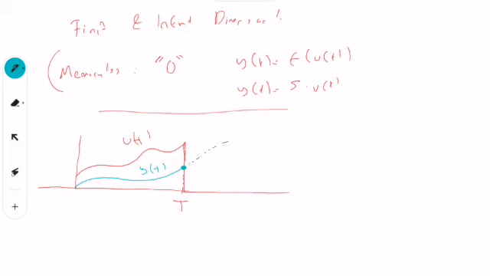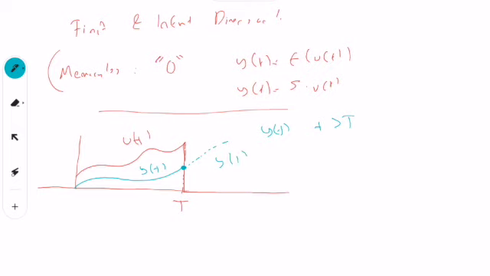I want to compute y of t for t greater than capital T. I know my input, it's a signal, until T. I want to compute my output. But what I want to do is use the minimum amount of information to predict y of t here. So what do I need to do?